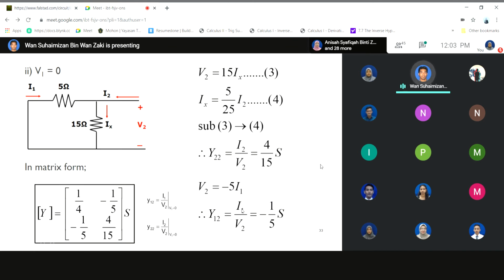So next, determine the relation between I1 over V2. You need to go back to this circuit. When you set V1 equals to 0, you only have the resistance, it will be a short circuit.